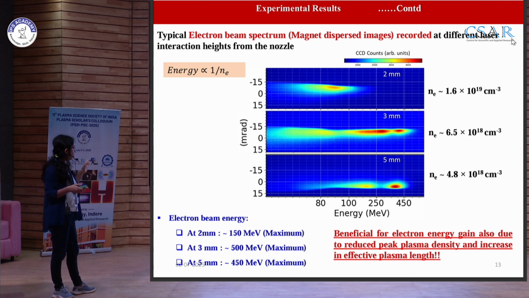That means, along with the plasma collimation, electron beam energy is also increasing with the changed plasma density profile or length. That means here plasma collimation along with the energy increment, like experiment is beneficial both for plasma collimation as well as for energy enhancement.